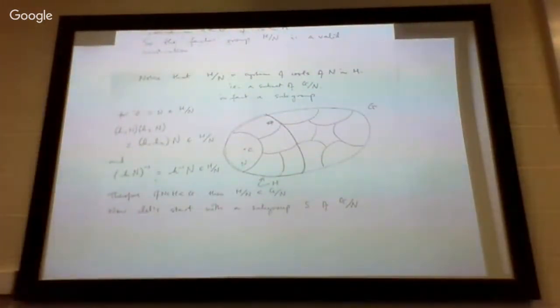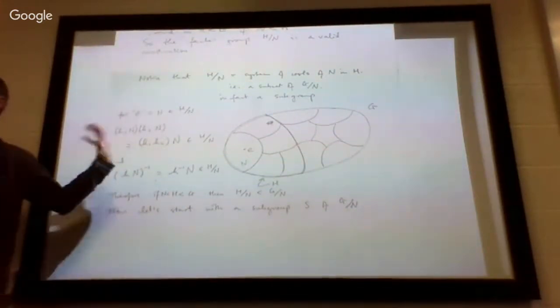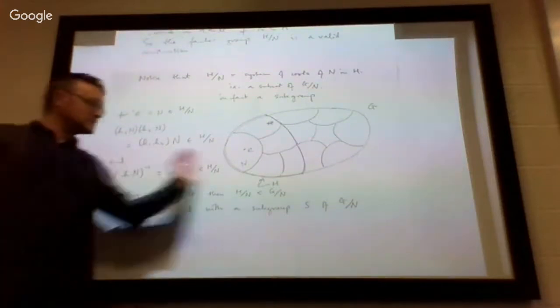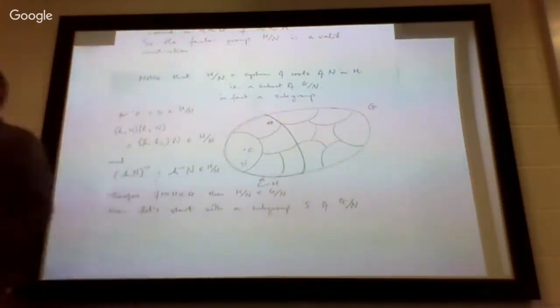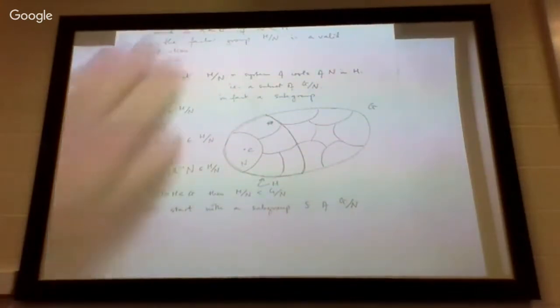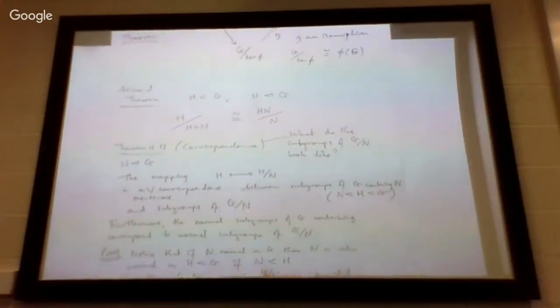Now we want to show that there is some subgroup of G containing N that maps to S under factoring by N. We're claiming this correspondence is exact.